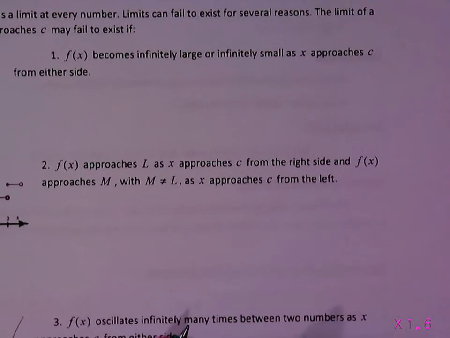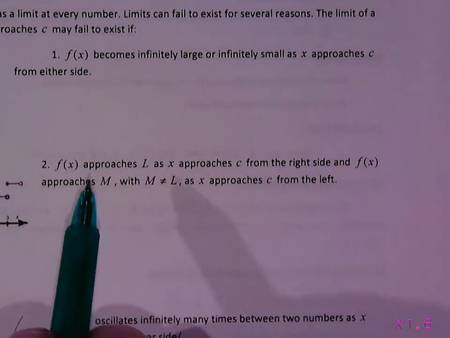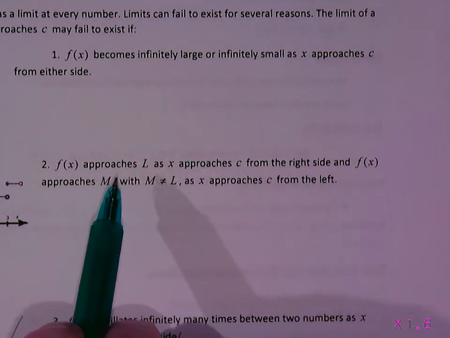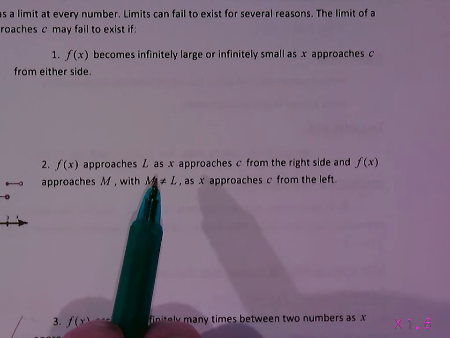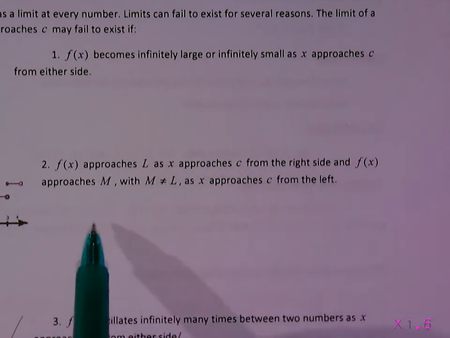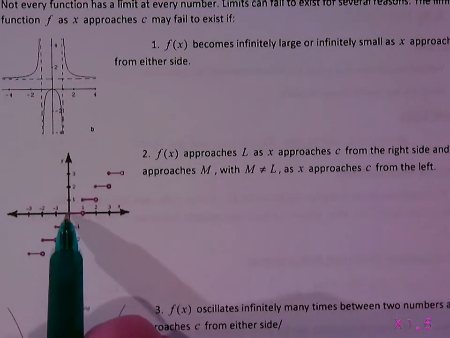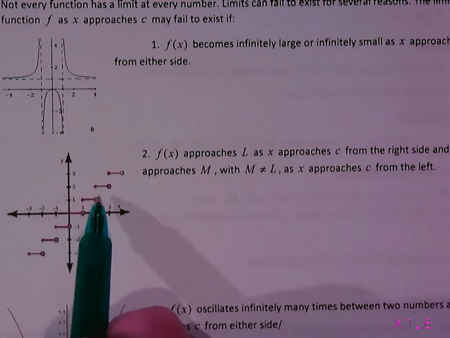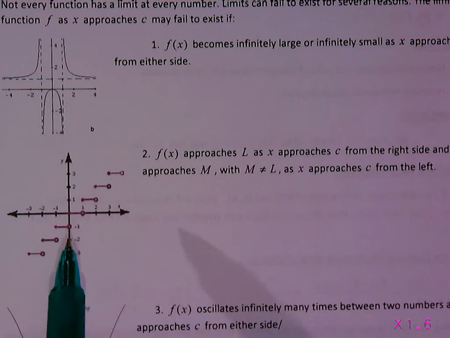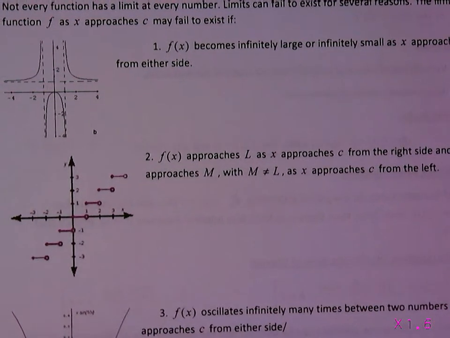The definition says the limit fails to exist if f of x approaching c from the right and from the left are not the same. I'm coming from the left and I'm coming from the right, the y value is different, so the limit fails to exist.